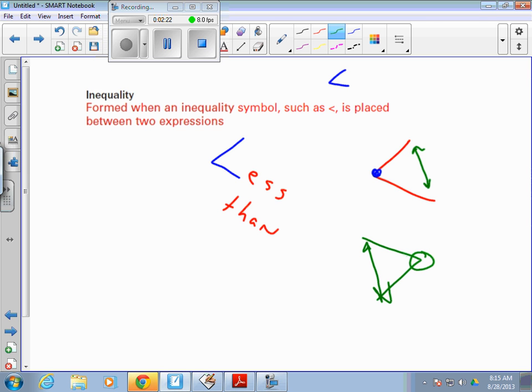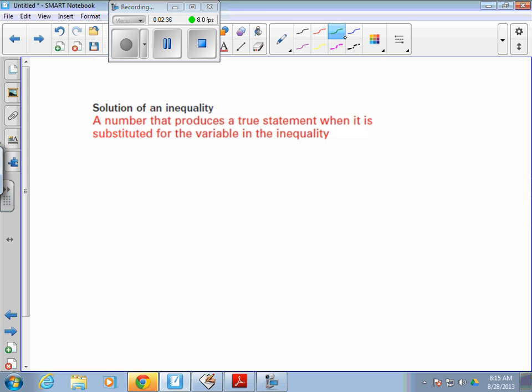But in order for it to be an inequality, unlike an equation which has an equal sign, an inequality has an inequality symbol. Less than, greater than, less than or equal to, greater than or equal to are considered inequalities. A solution of an inequality is a number that produces a true statement. So x plus 1 is greater than 3.